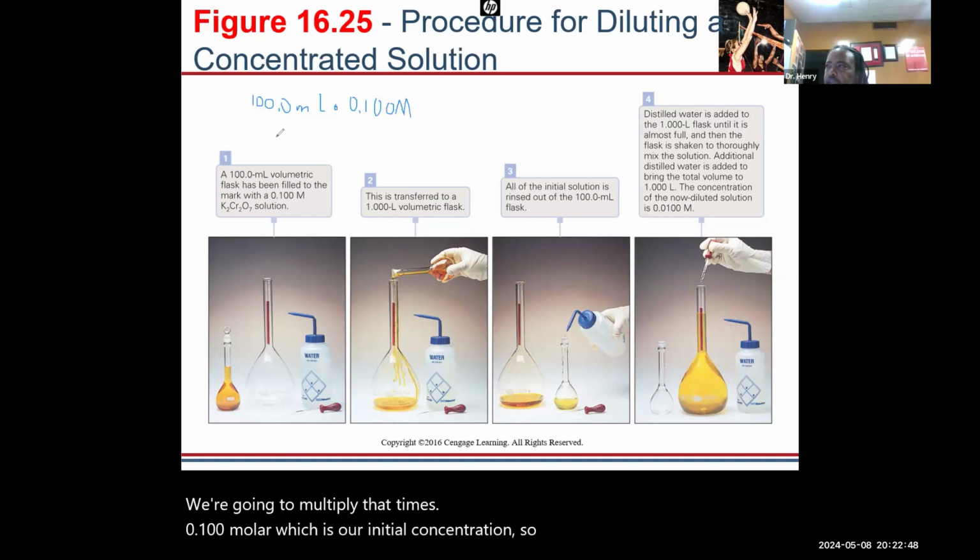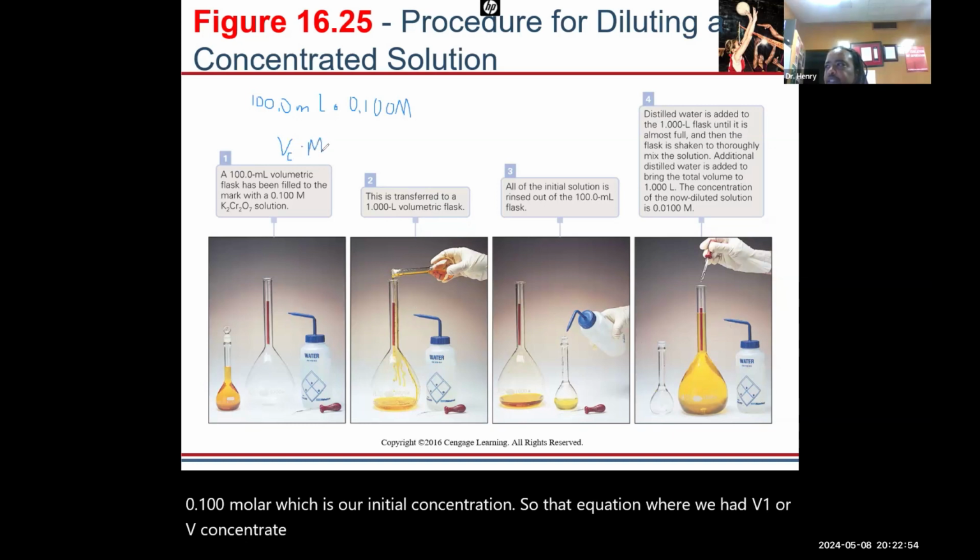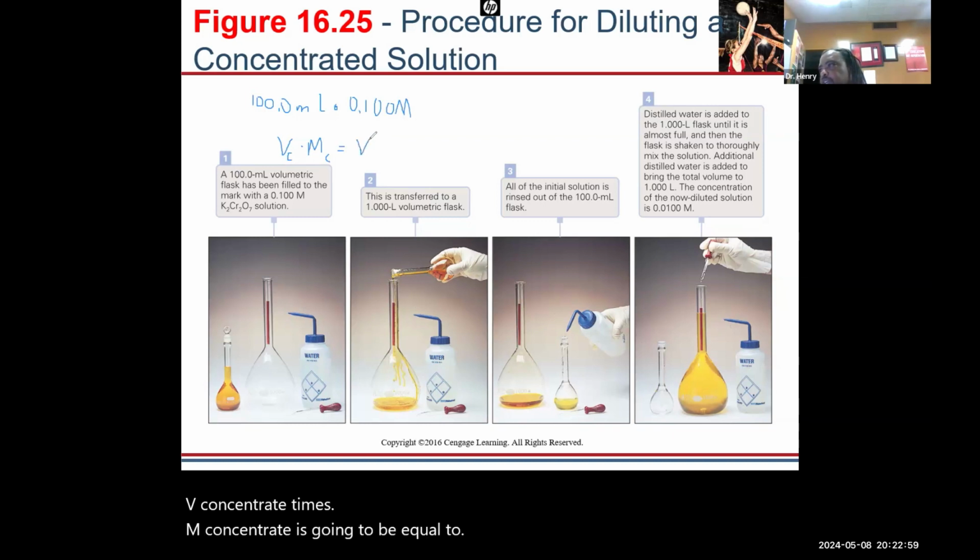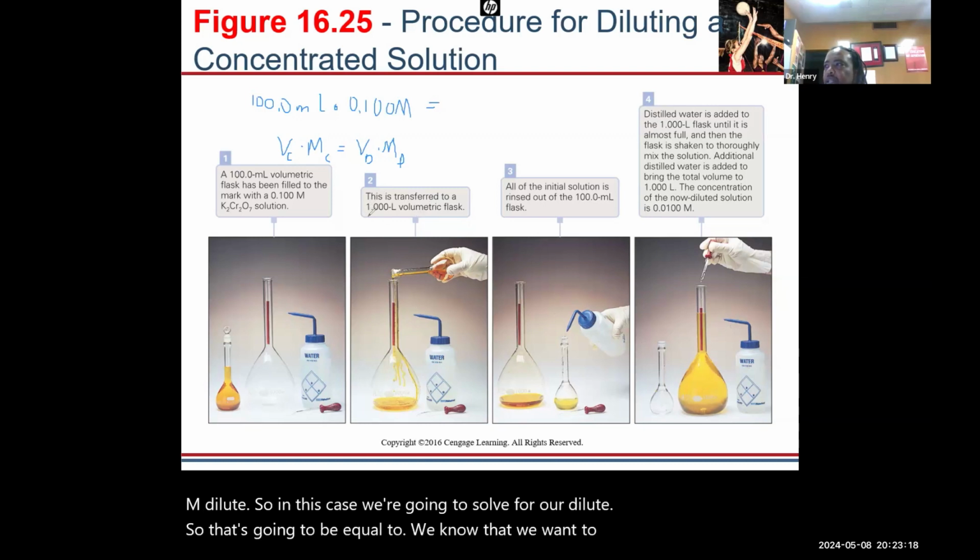So that equation, V concentrate times M concentrate, is going to be equal to V dilute times M dilute. In this case, we're going to solve for M dilute. We know that we want to make 1,000 milliliters, which is 1 liter.